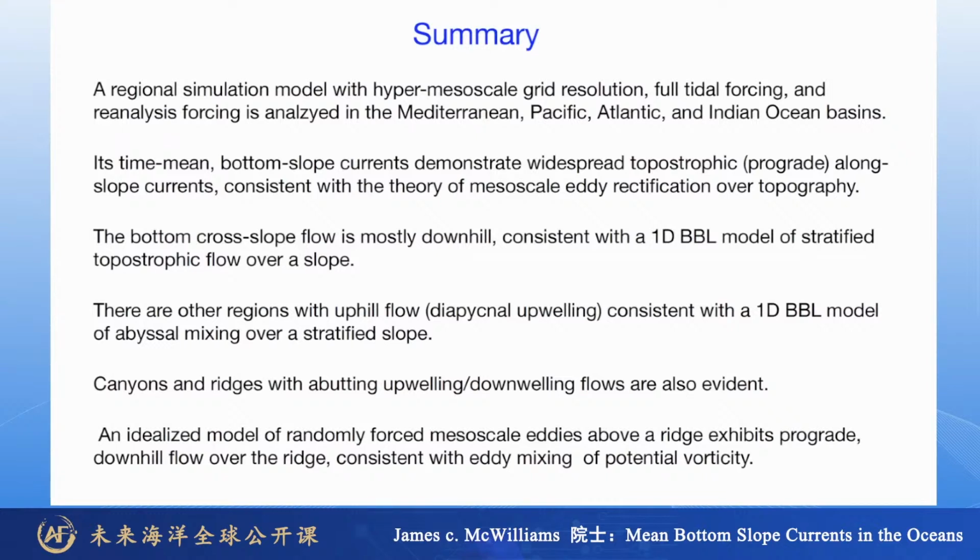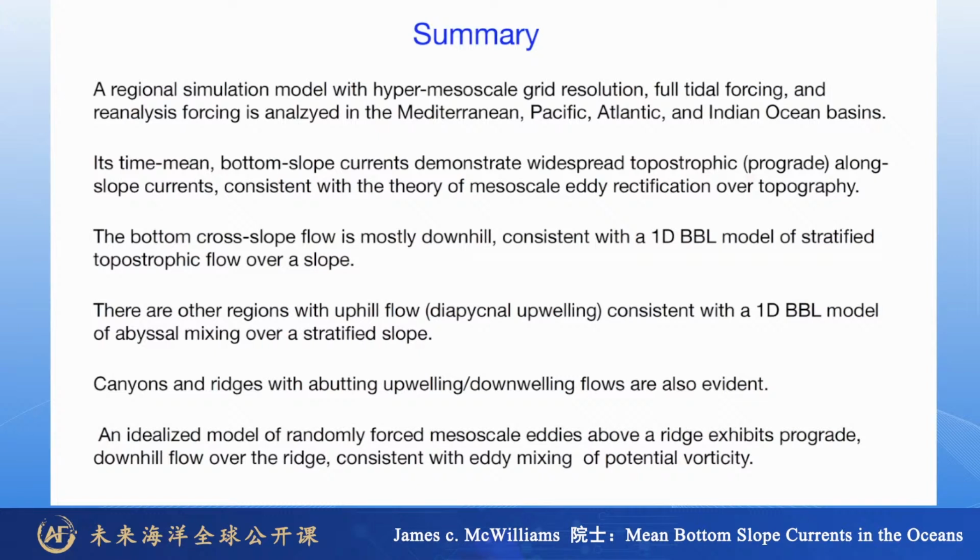But there are other regions with uphill flow, which in the terminology of mixing-driven circulation is referred to as diapycnal upwelling next to the boundary, associated with abyssal mixing, diapycnal mixing by deep inertia gravity waves and topographic wakes over a stratified flow without otherwise a mean circulation influence.